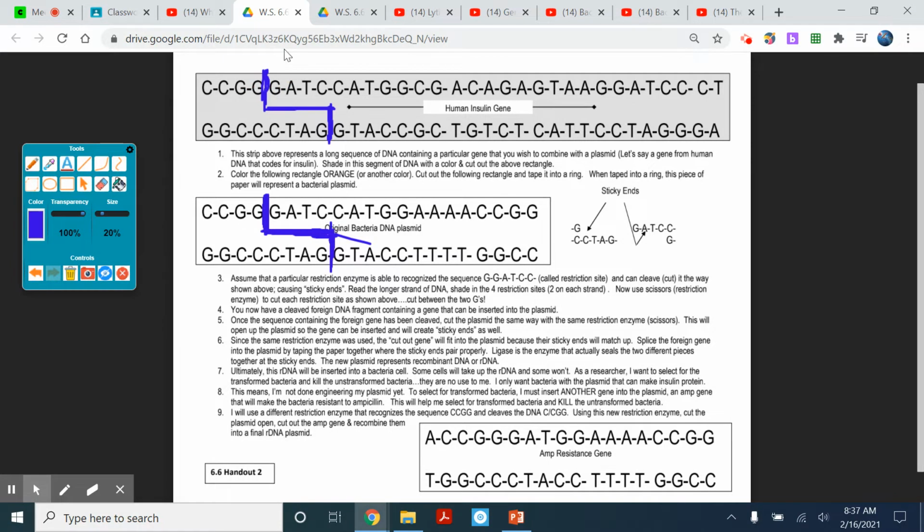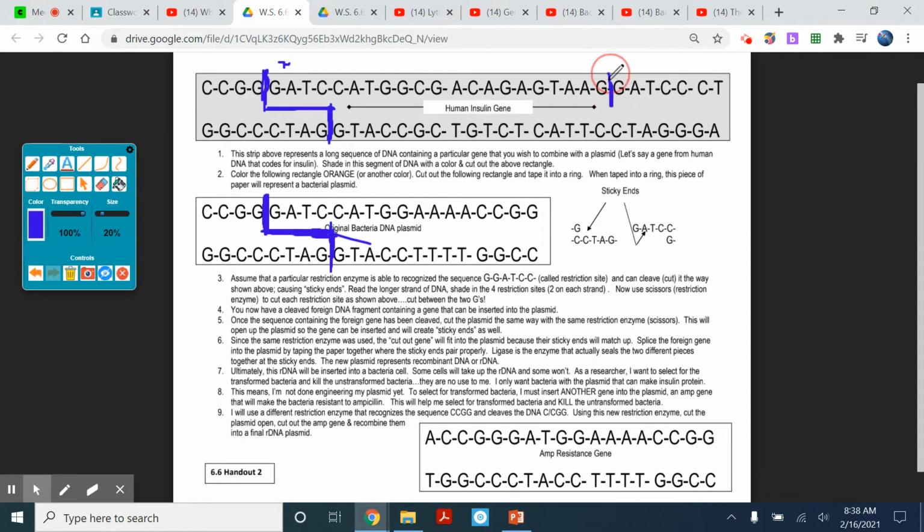And you're going to find two restriction sites because we have to cut out the gene. We have linear DNA, so we can't just cut our DNA once. We have to cut on this side of the gene and make sure there's a restriction site on the other side so we can cut the other side. So we have a piece of DNA. So there's also a GGATCC on this side of the gene.